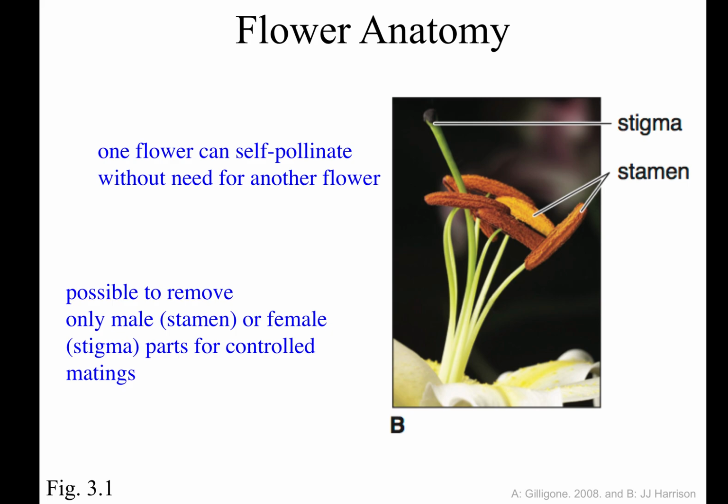Or you can do some pea surgery and remove either the male or the female parts and control who mates with whom. And that's a big advantage in trying to figure out some of the things that he was trying to figure out.